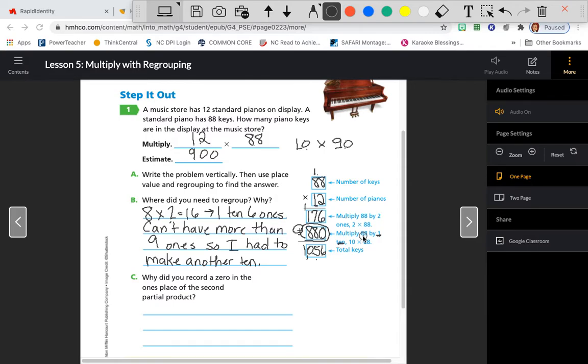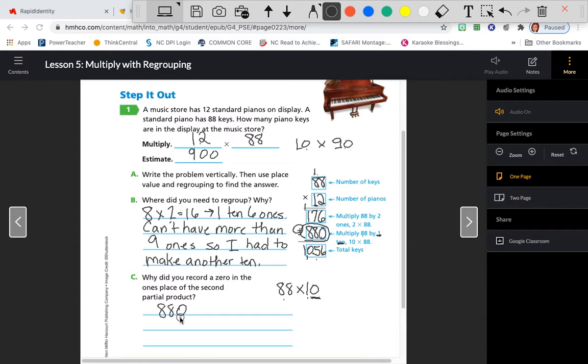So 88 times 10. If you break it down to your basic fact, you have 88 times 1, but you can't forget that 0, you're adding that 0 there. So you're multiplying it by a 10. So that's why we need to add our 0. All right, let's continue on.